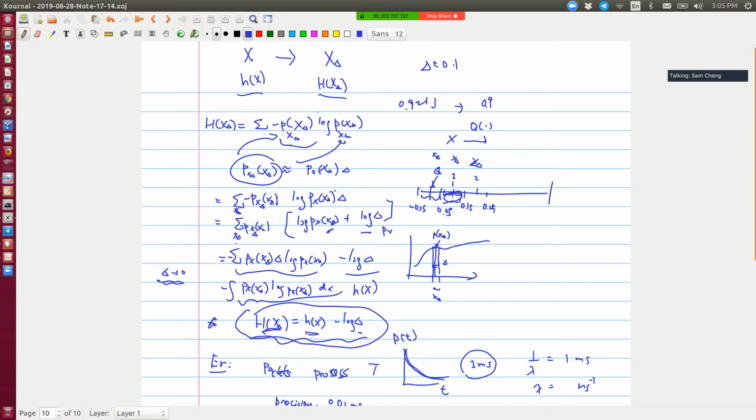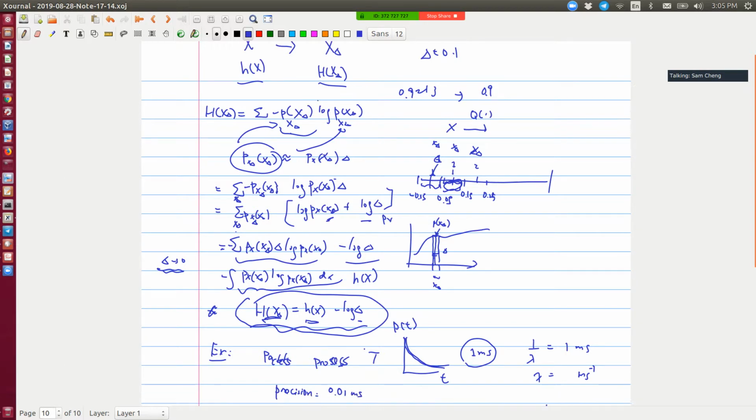So after the quantization, the symbol we can talk about the discrete entropy, and the discrete entropy is just equal to the differential entropy minus the log of the quantization step size. And we also gave an example.